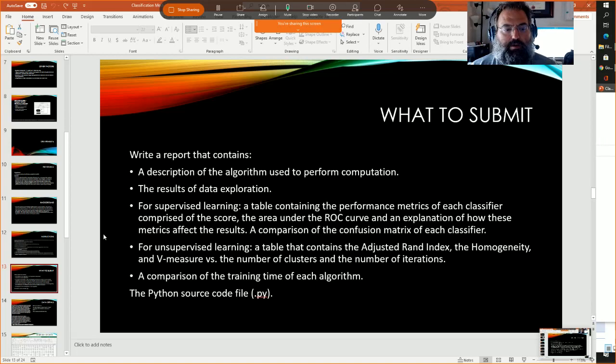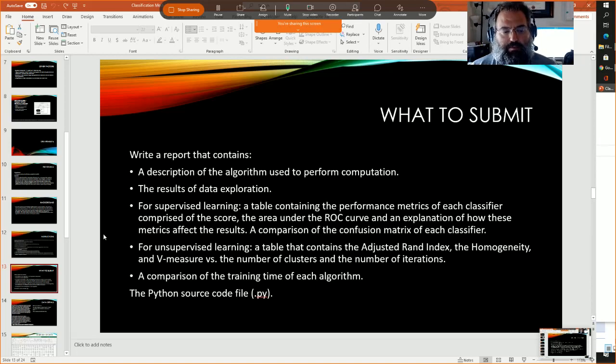What you're going to turn in is a report that includes a description of the algorithm used. So talk about both the high level, you did this for 5 different algorithms, and then also a brief discussion of what each one of those algorithms, kind of how they work. Not a huge amount of detail, but a brief brushing of the material. And then the results of your data exploration, a table for the supervised learning, so the non-clustering stuff, containing the performance metrics of each of those 5 classifiers.